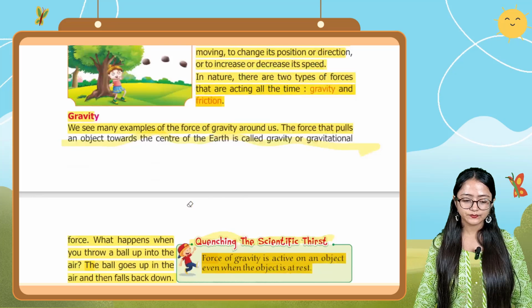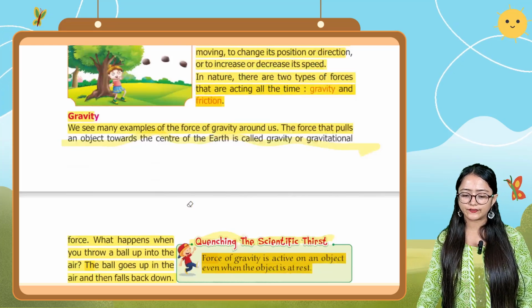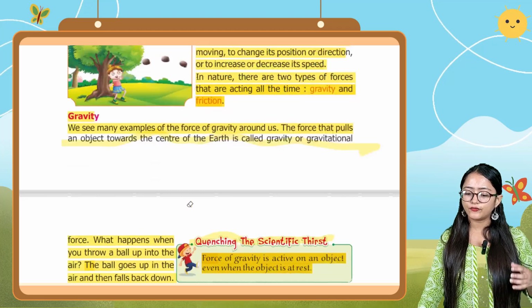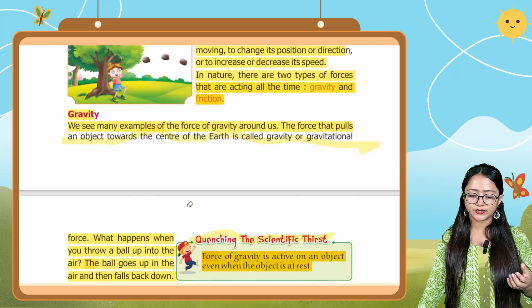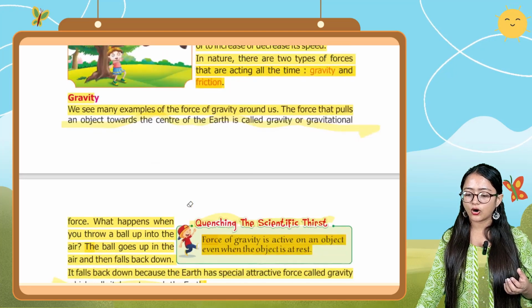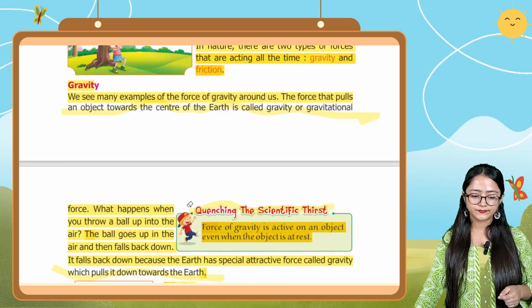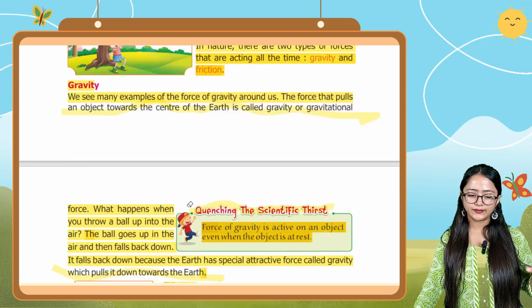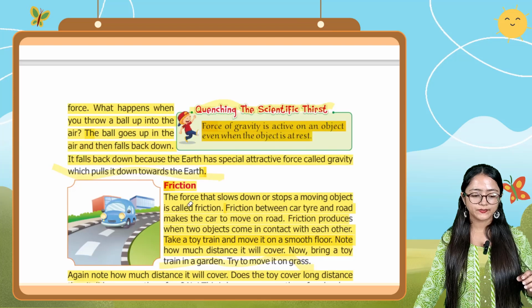Gravity. We see many examples of the force of gravity around us. The force that pulls an object towards the center of the earth is called gravity or gravitational force. What happens when you throw a ball up into the air?